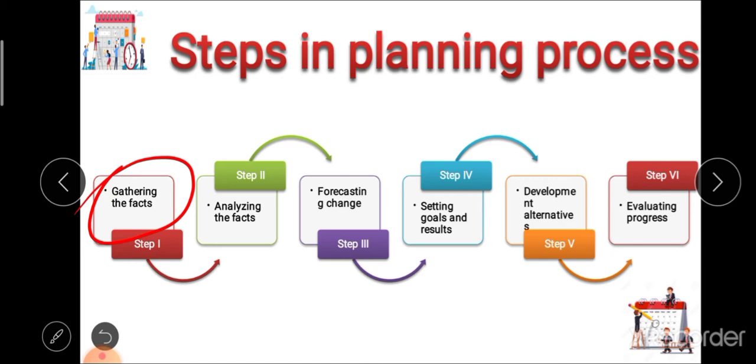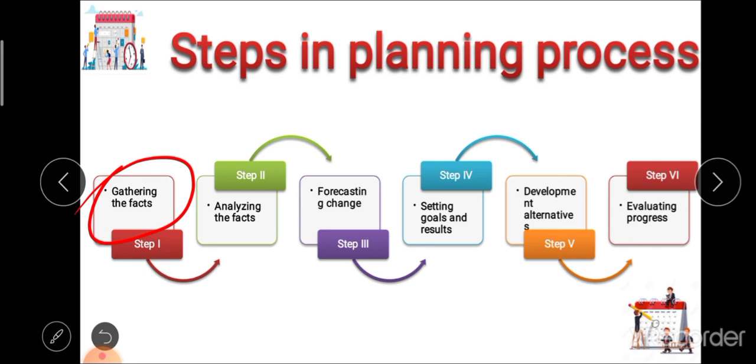After the second step, the third step is forecasting change. Forecasting change is the ultimate test of good planning. It has been truly said that the ability to determine what the future holds is the highest management skill.